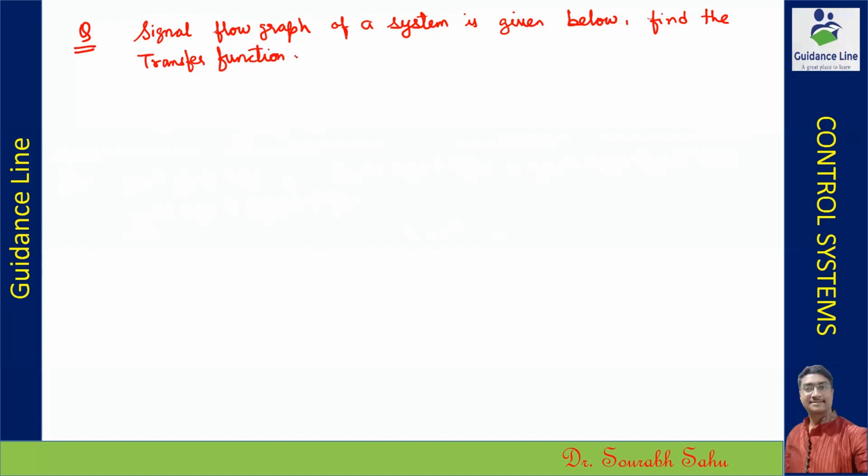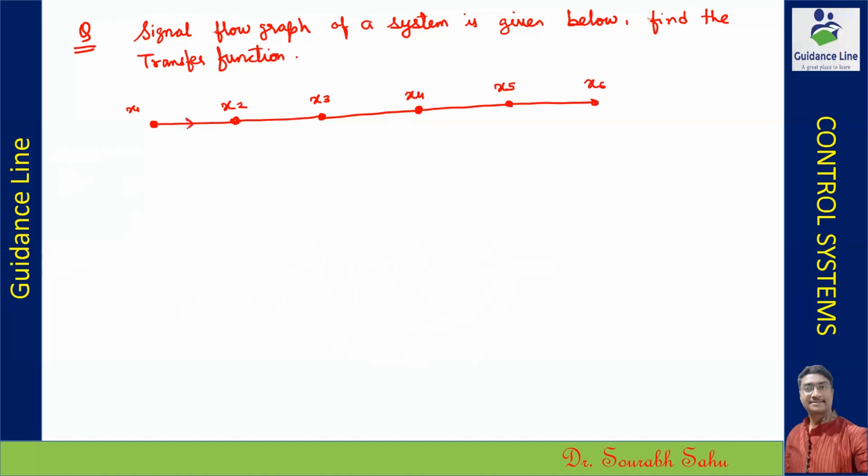In that question, it is specifically asking to calculate a transfer function, and the signal flow graph is given as x1, x2, x3, x4, x5, and at the end x6.